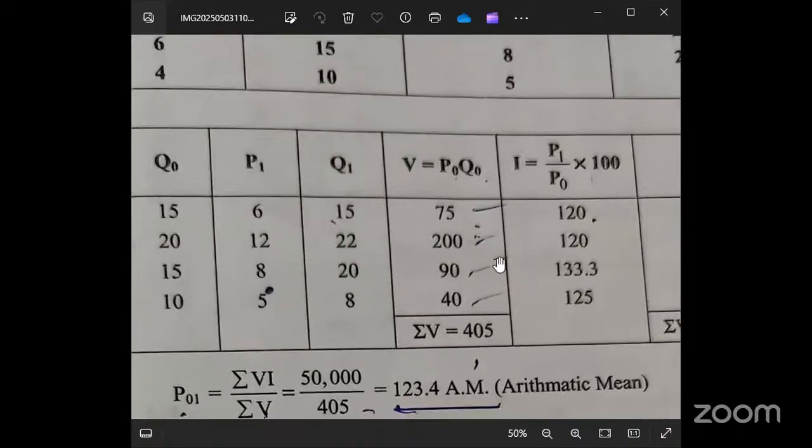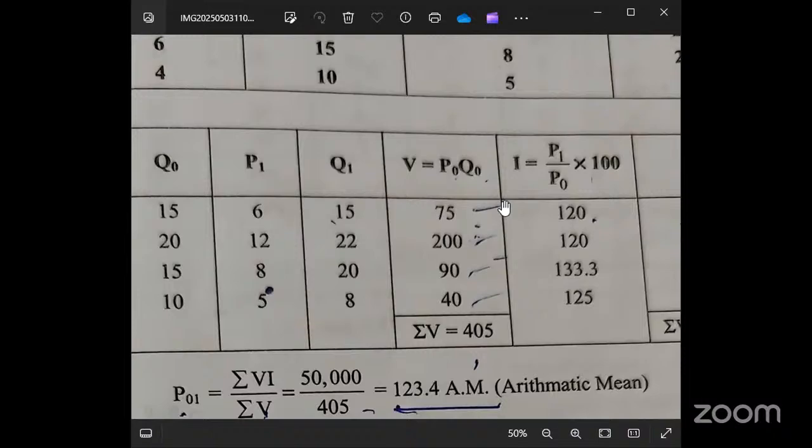V is actually value index numbers. So here V equals P0 Q0. Then what is I?